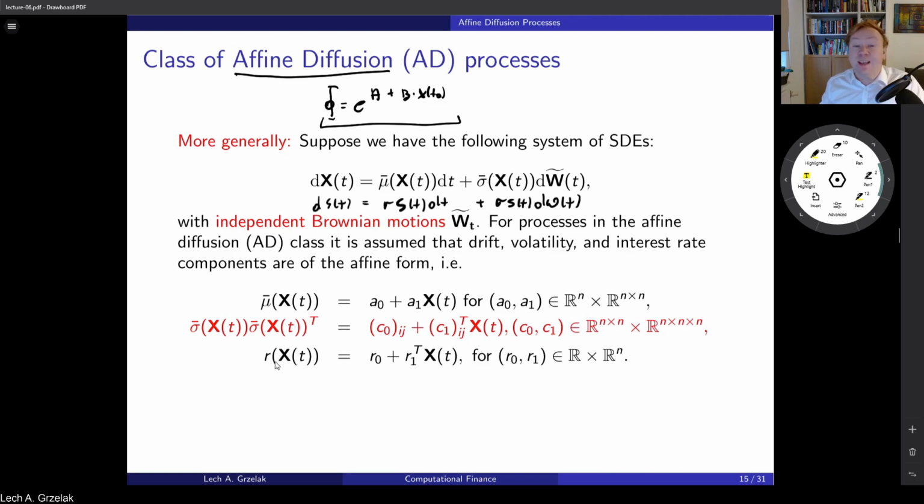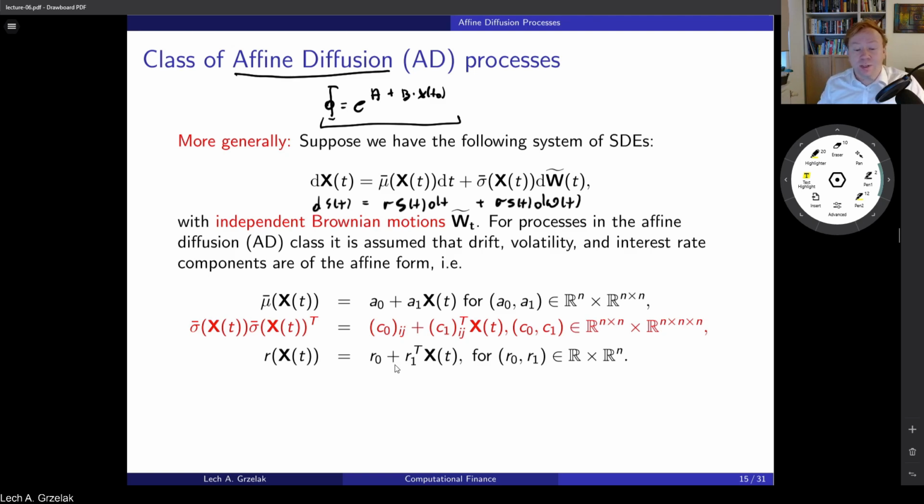Now let's look at the third one. The third condition is about interest rates. So it has nothing to do with the drift of the processes that we consider, but only with discounting. In the models that we consider in this set of lectures, in most cases we will have constant interest rates, maybe time dependent, but in general you could also have interest rates that are multidimensional and stochastic.